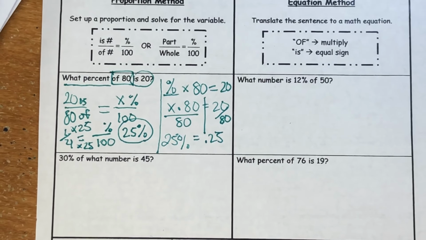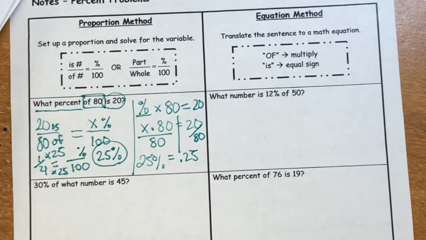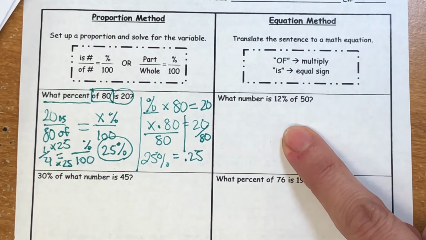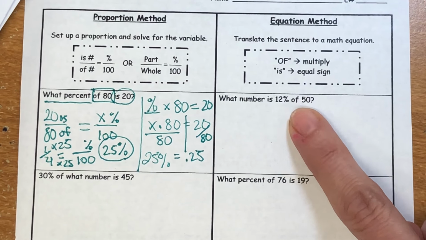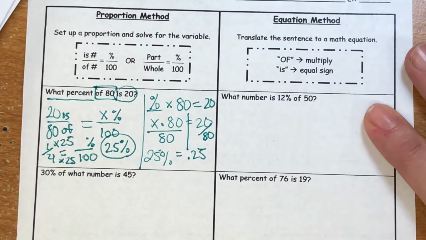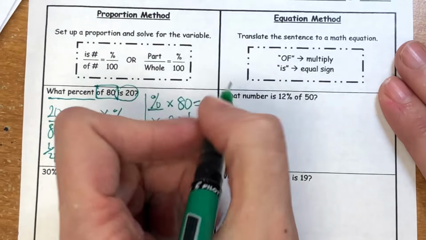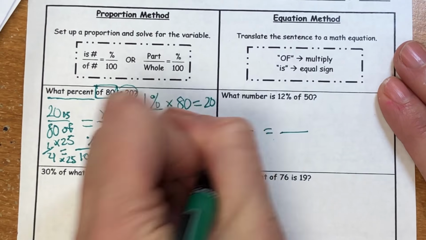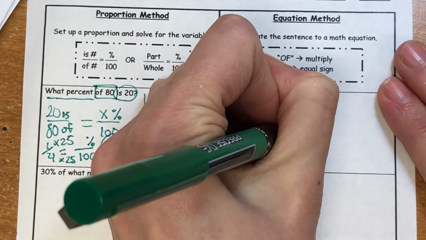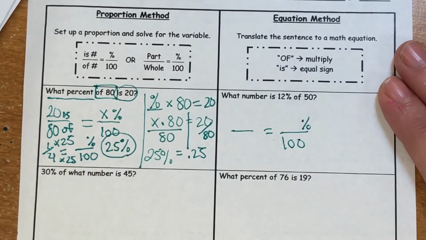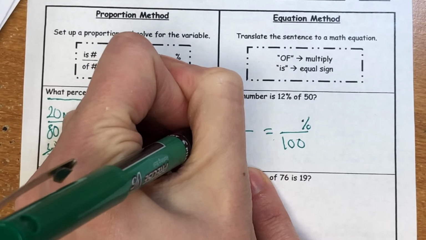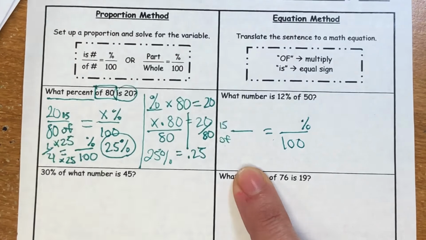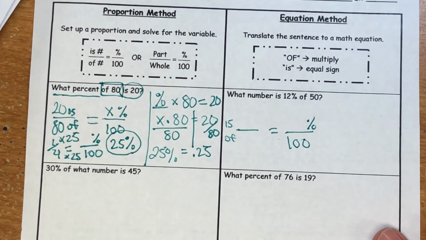Okay? Let's take a look at another example. Okay, what number is 12% of 50? Okay, again, proportion method, I'm going to set it up. Percent over 100. Okay, you got your is and you got your of part. Okay, let's take a look at what we know.